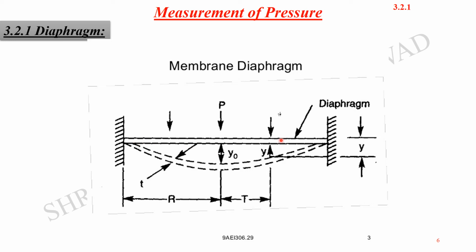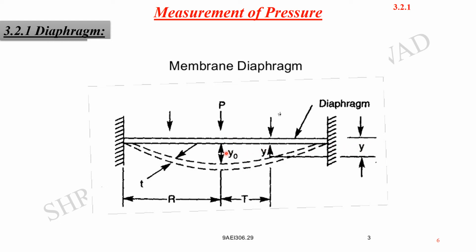On the other end, where it is fixed to the wall, the deflection goes on decreasing along a curvature having some radius r, and t is the transverse deflection we can consider here. This diaphragm displacement is considered as y.